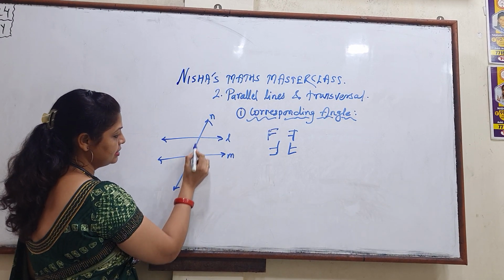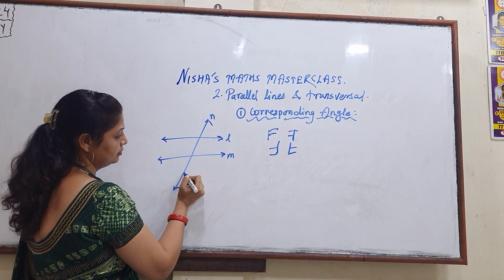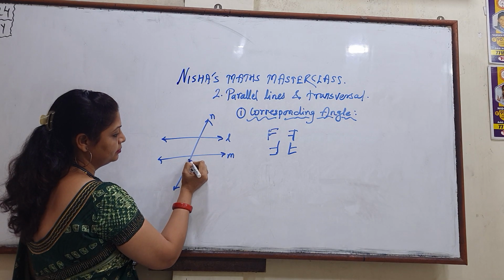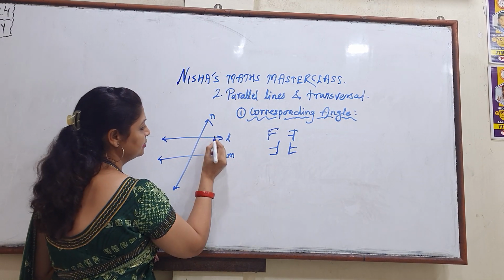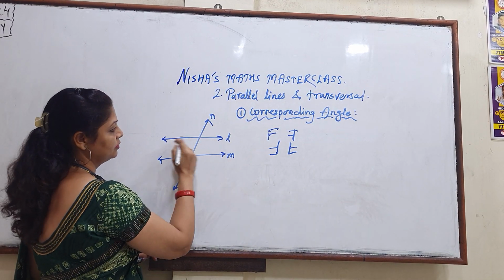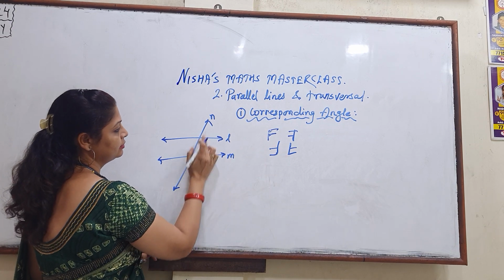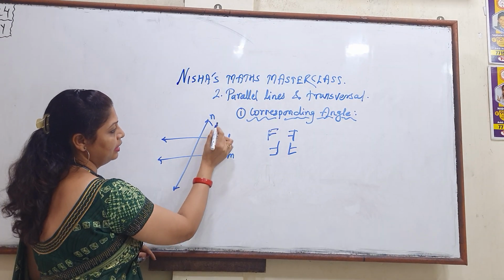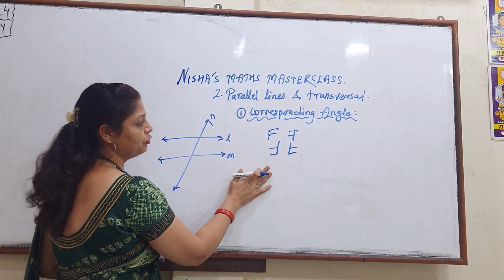Now see children, this is F, correct? Everyone just see here. Same like this. This is our F, so this F we have to find out.